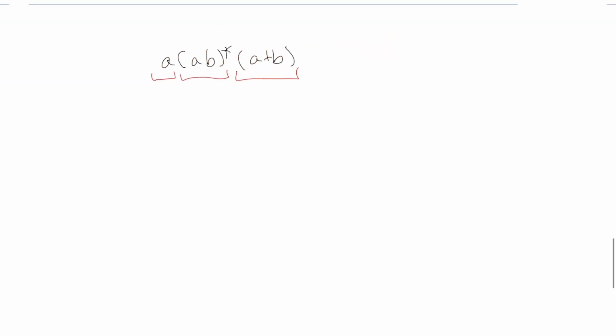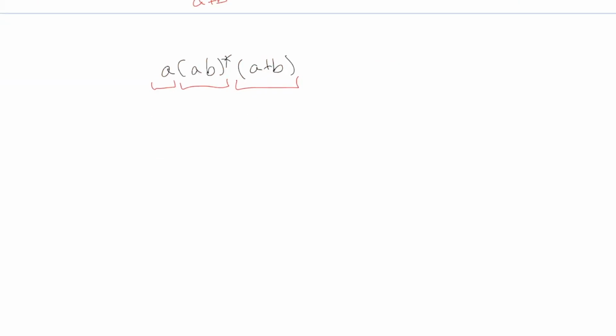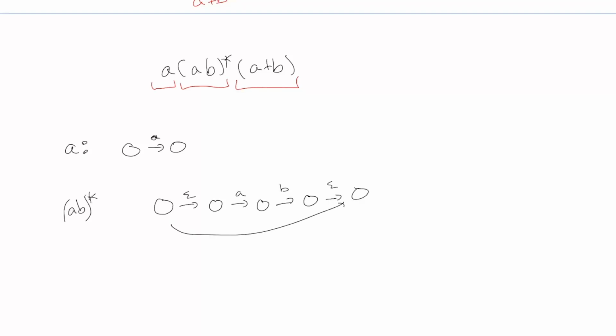So it would look something like this, and if you like, you could draw these pieces separately, maybe just for the sake of writing out a lot of details. I'll do that just once. This would be just A. If I want (AB) star, okay, that's A, B, epsilon, and then like this.